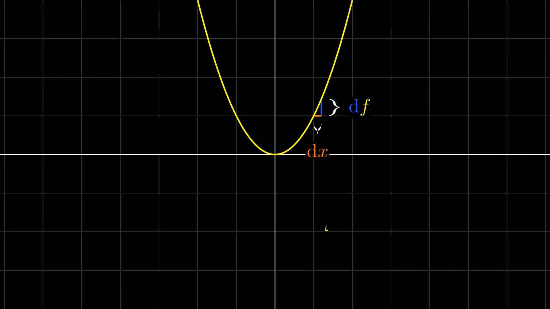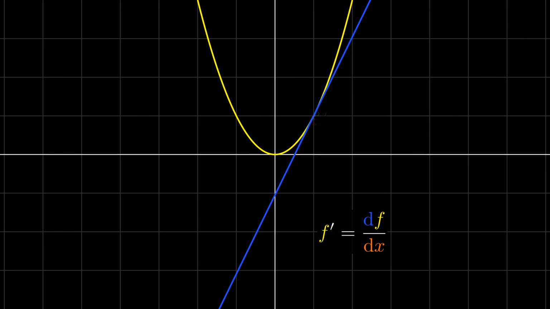The derivative is the change in the output divided by the change in the input. This is reminiscent of the rise over run formula for slope. At the point that we are looking at, we can see that this is the slope of this line. As dx gets smaller, the line approaches the line tangent to the function graph at that point. Thus, the intuitive description of the derivative is the slope of the tangent line.